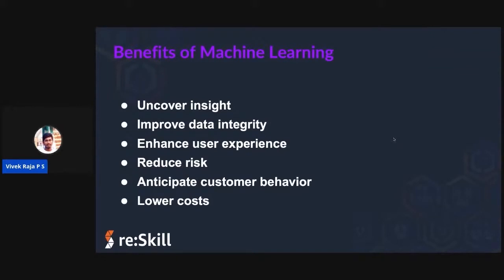For example, if you log into the Amazon shopping website and you look for some items to purchase, there is a recommendation feature, like people who have bought this product have bought this product as well. This is one example of machine learning running in the background, and it also helps us to anticipate customer behavior and lower the cost as well.